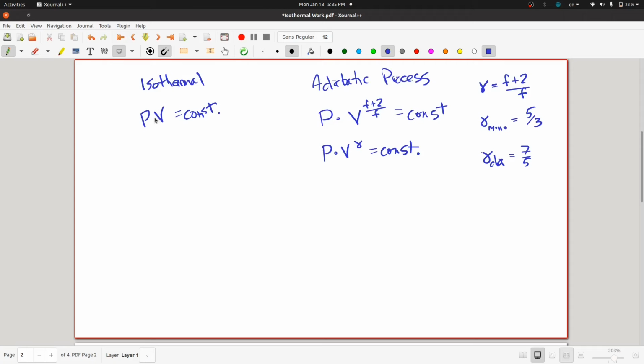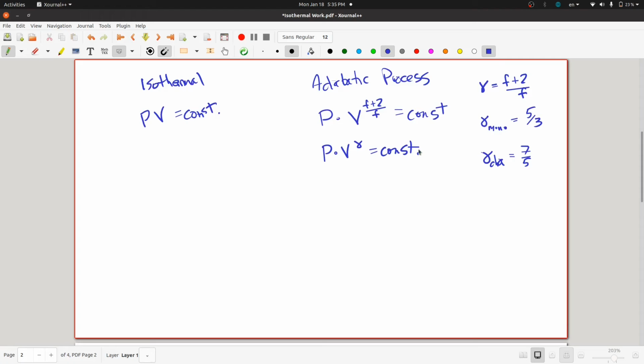And that is the difference between these relationships. So here we're raising V to the 1. In the adiabatic process, we're raising V to a constant that is greater than 1, and that characterizes the relationship between pressure and volume for this faster process that does not allow the flow of heat.